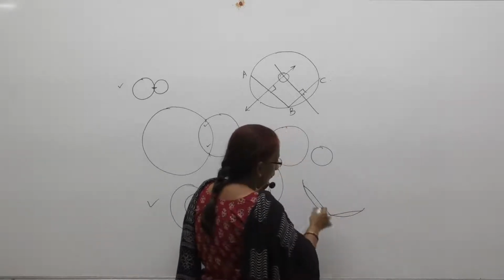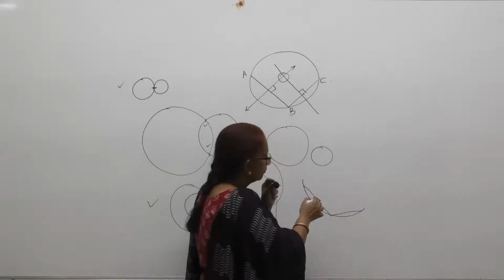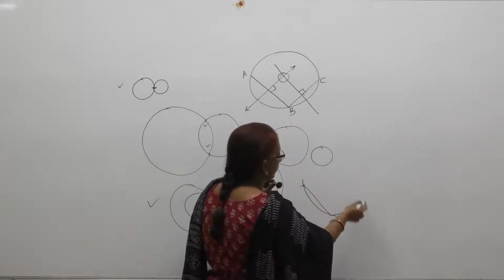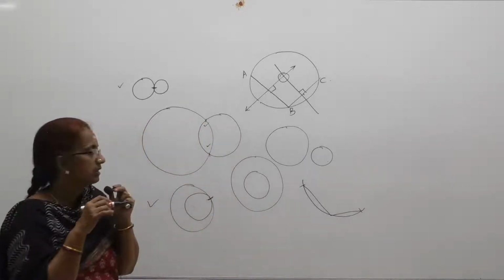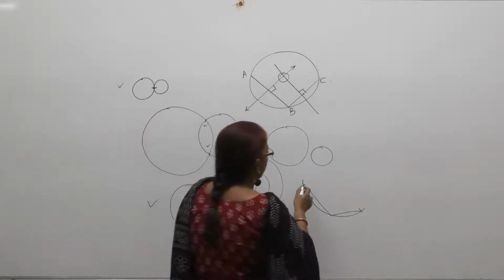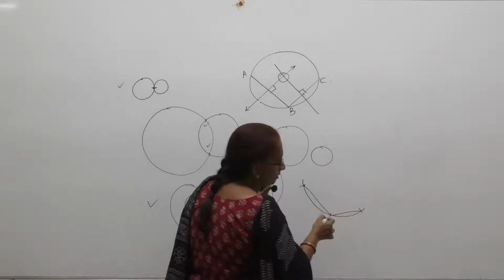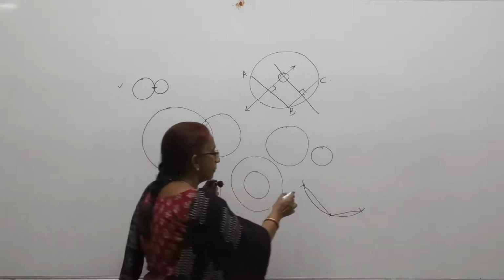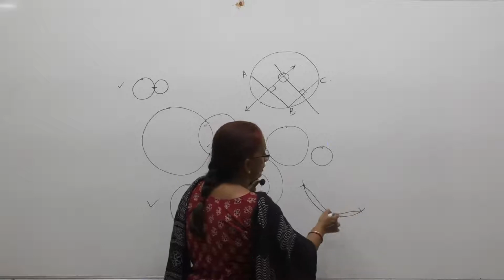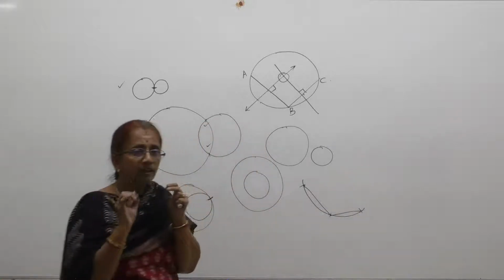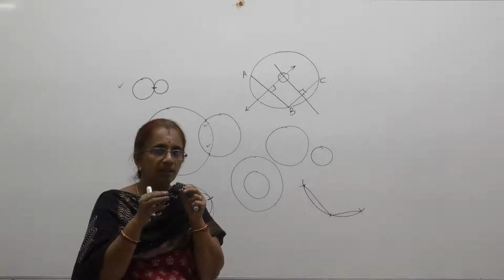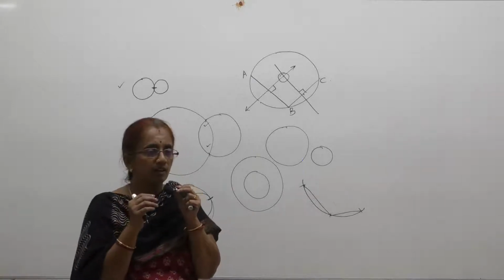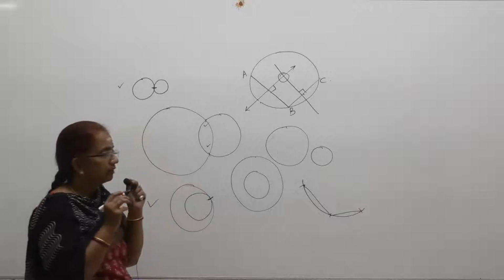Even if it is just an arc that is given, you can find the center of the circle which will complete this arc by just drawing two chords with a common point. And then you'll draw the perpendicular bisectors of these two chords. The point where the two perpendicular bisectors meet is the center of the circle that is formed. Okay, so that's how you'll solve the second problem.